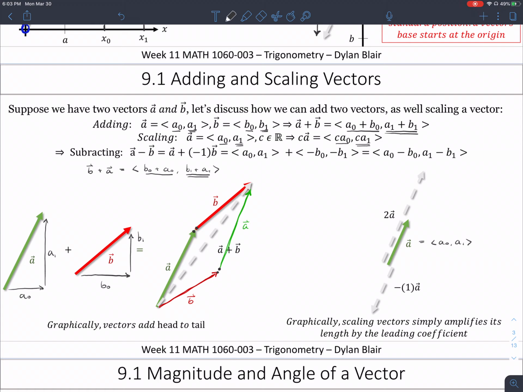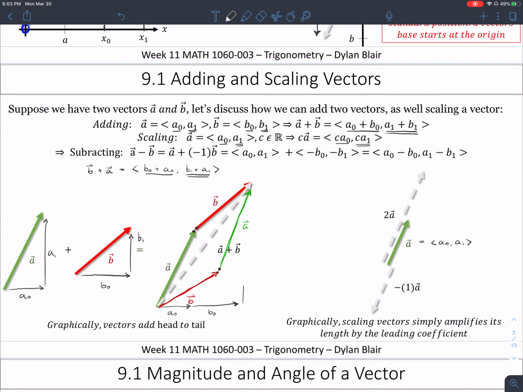Oh, and actually real quick, I forgot to talk about this. I did want to relate this analytical component back down to how we added these down here geometrically. Well, we knew that this horizontal length was a naught. And we knew that this longer length was b naught.